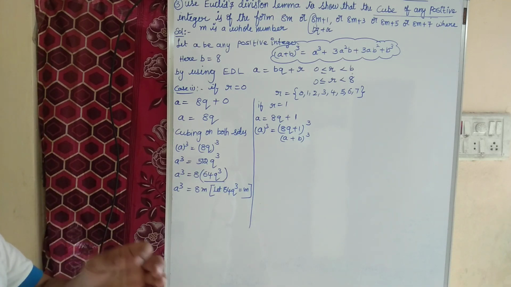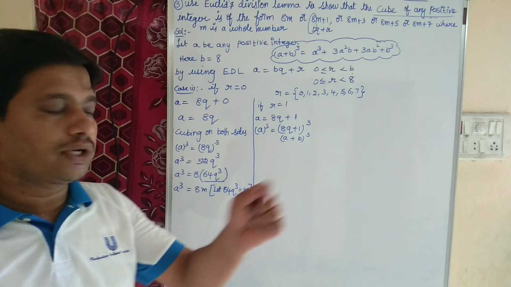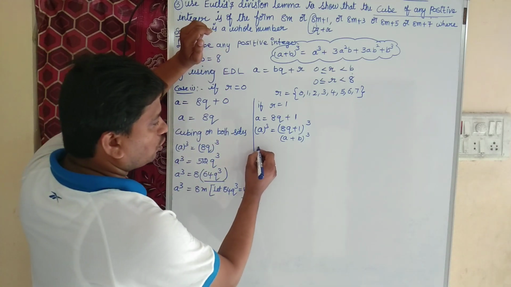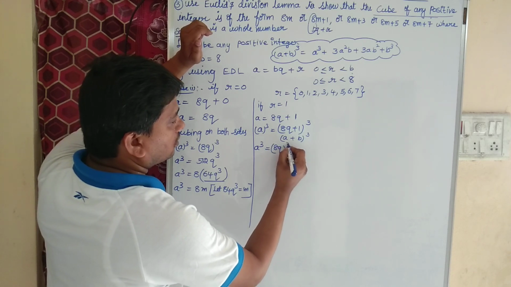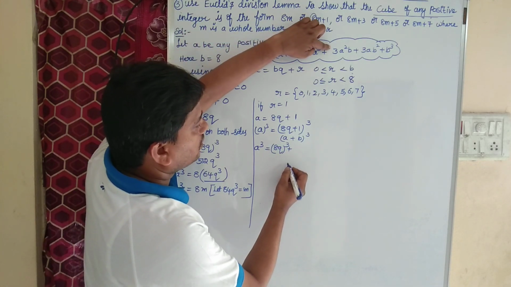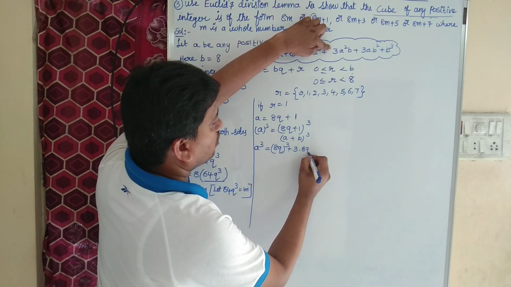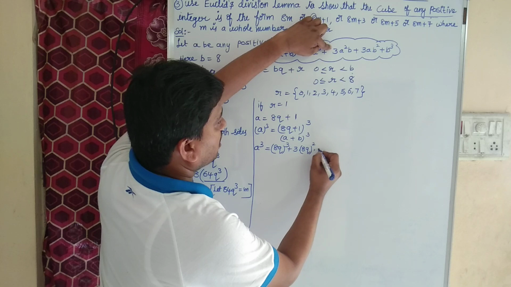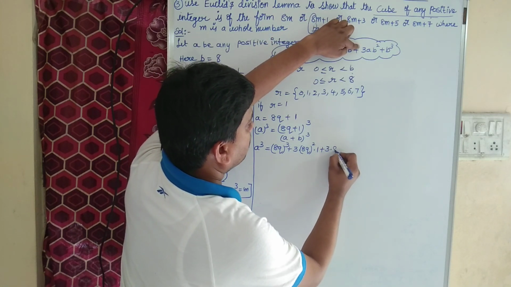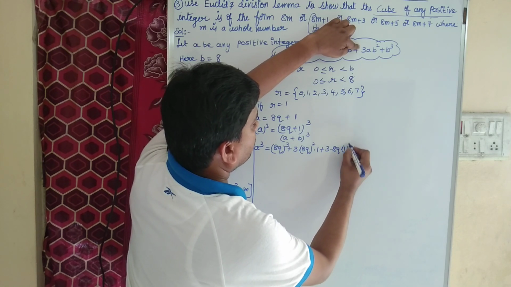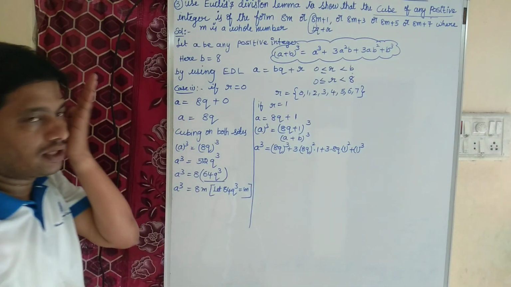So a cube equal to a, in the sense (8q) whole cube, plus 3 into a square, a square is nothing but (8q) whole square, into b, which is nothing but 1, plus 3 into a, which is nothing but 8q, and b square is nothing but 1 square, plus b cube, b cube is nothing but 1 cube.